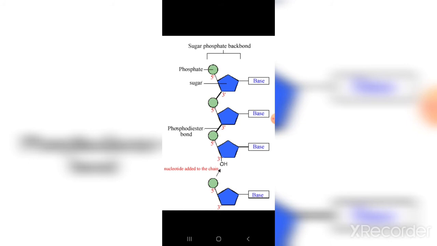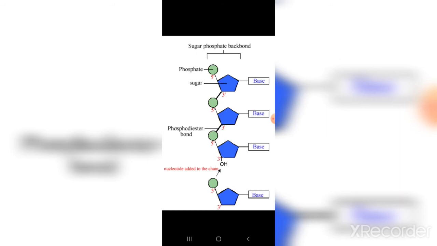Now coming back to the structure, this is one single strand of DNA. This is a polynucleotide chain. Why poly? Because many nucleotides are joined. If you go through one single chain, in the first nucleotide, the fifth carbon is attached to a phosphate group.